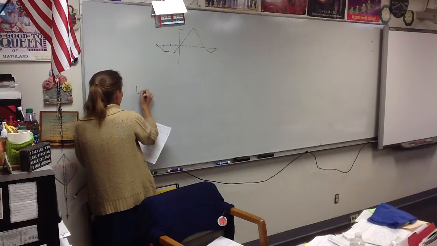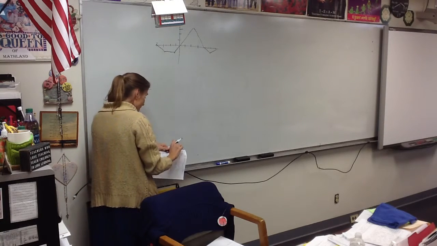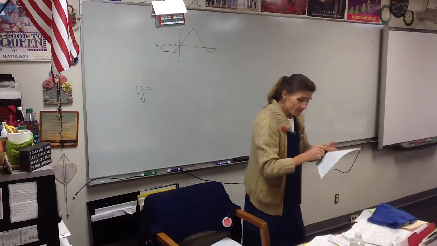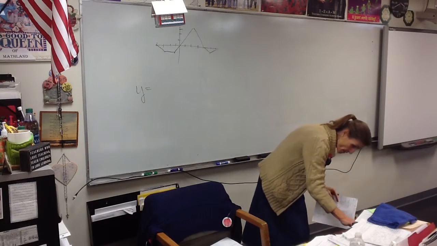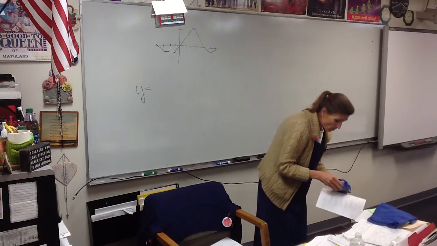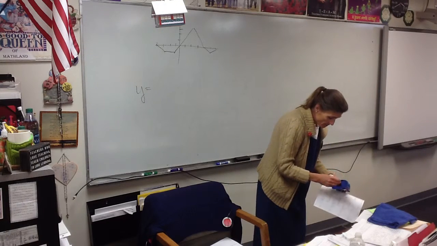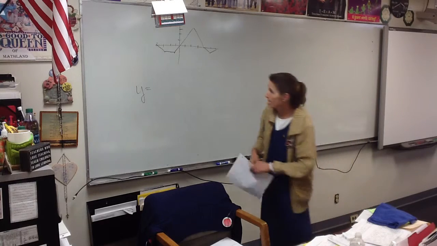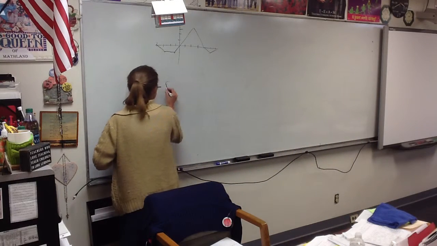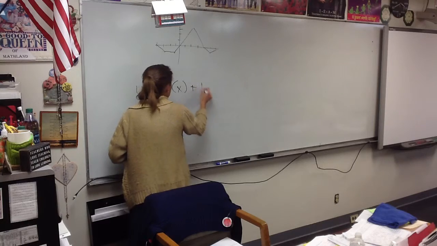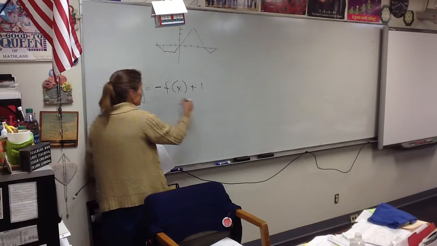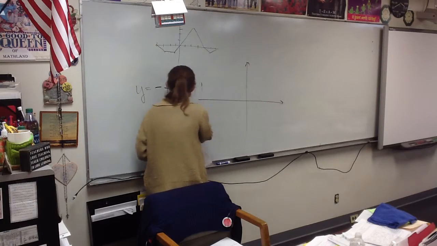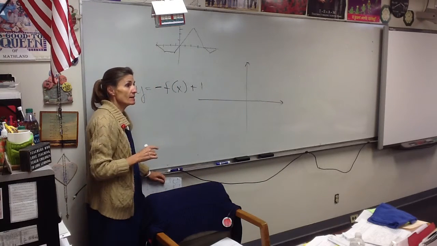Now Jordan has asked that we sketch negative f of x plus 1. Now, the negative in that spot is going to do what? That negative is going to turn me upside down. That negative in that spot is an upside down.